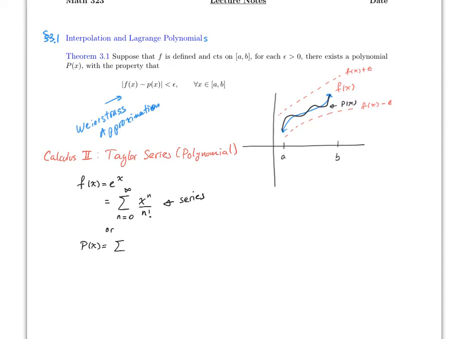Let's say that now you go only from 0 to k, and then this will be x to the n over n factorial. So now this will be a Taylor polynomial.